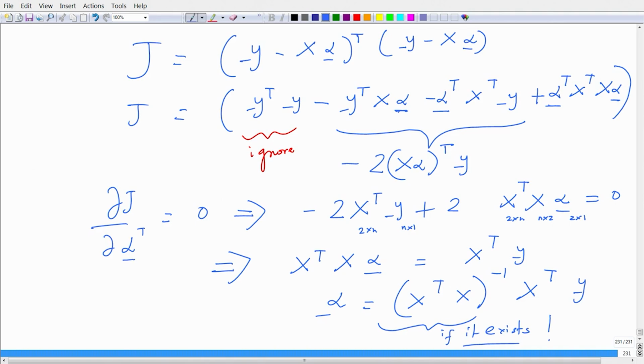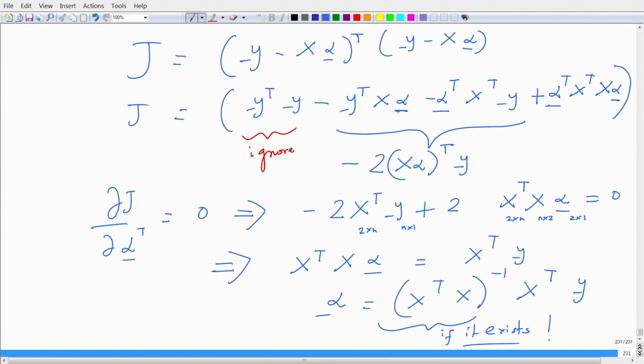If you take the derivative, we do matrix calculus. You can look at my video lectures on matrix algebra in the mathematical methods and techniques for signal processing course. There is a video lecture on matrix calculus. Using the rules of matrix calculus, you can take the derivative of these quantities with respect to a vector, because alpha is a vector.